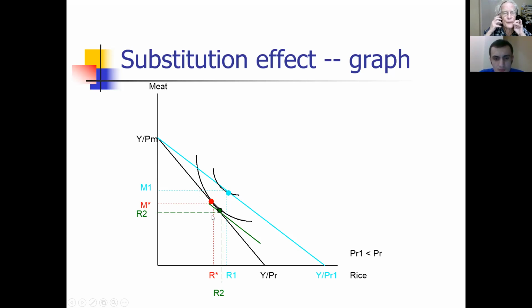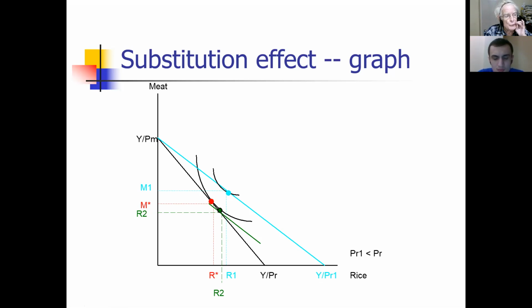No surprise, we should expect that the increase in the relative price will reduce the amount of meat that we buy because we are substituting rice for meat.